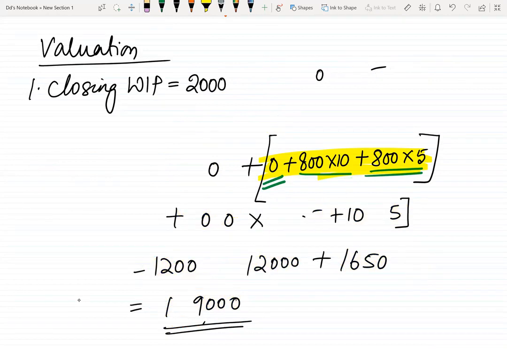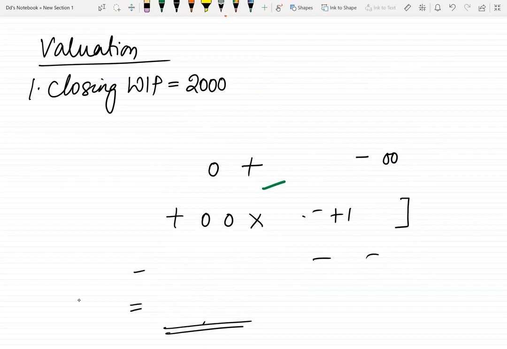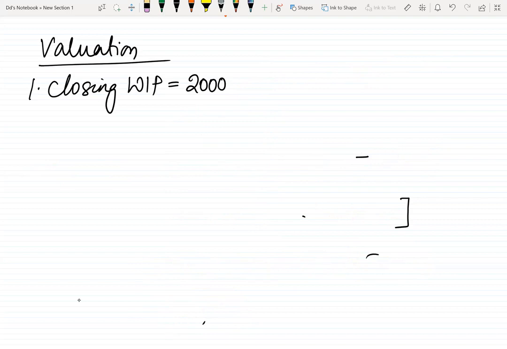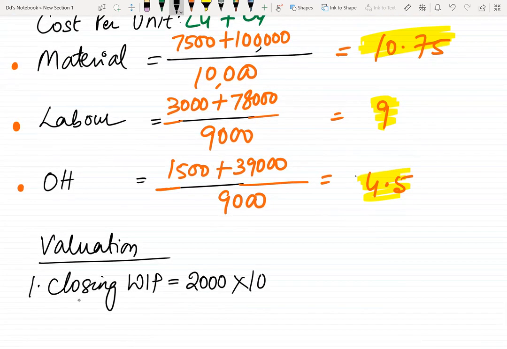First, closing WIP. How many units? 2,000, but that's not the single number. You have to do it separately, right? Yeah, 2,000 into, sorry, 10.75, plus 1,000 into 9 plus 1,000 into 4.5.